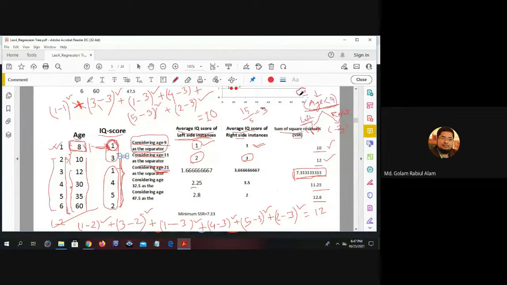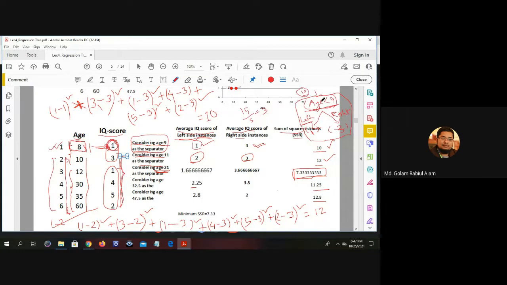The age is 10, maybe some random person, like person number 7, since there are 6 observations here. He just mentioned that he is 10. How can we predict his IQ score based on just what we have now, based on this tree?